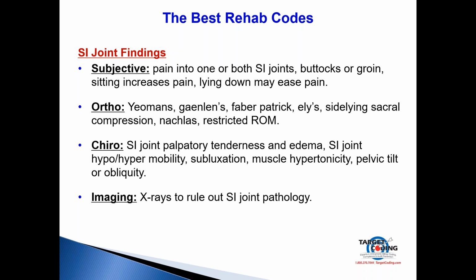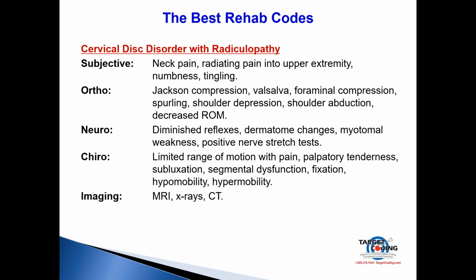Cervical radiculopathy, that's another pretty common chiropractic diagnosis that could match beautifully with therapeutic procedures. But if you're going to diagnose a cervical radiculopathy and you're questioned, hey, Dr. Kotler, how did you come up with cervical radiculopathy? Well, the patient had pain in the neck. It was radiating down into an upper extremity. I did Jackson compression, shoulder depression, Spurling.